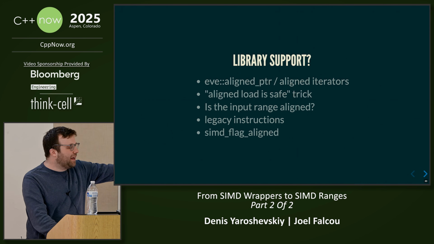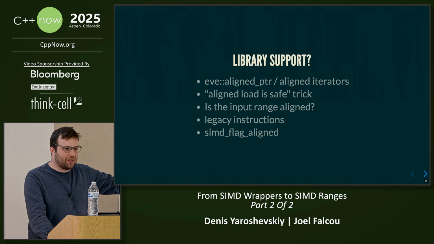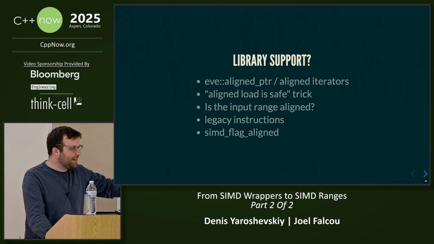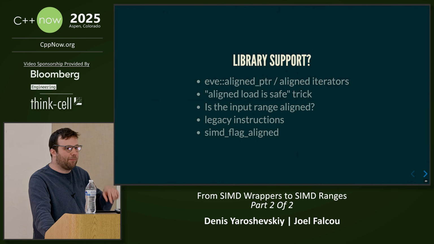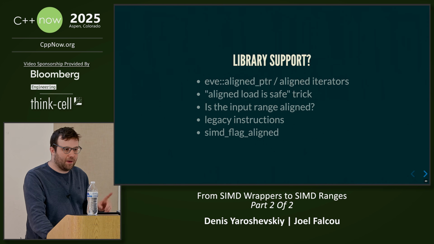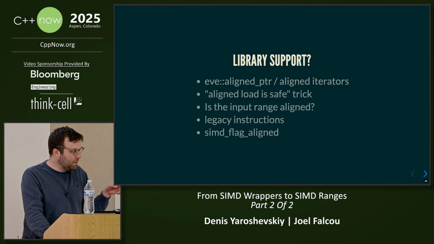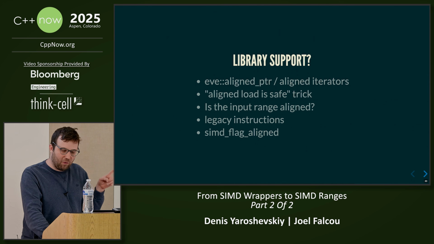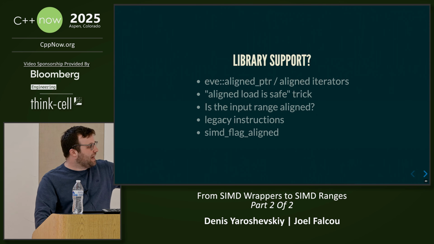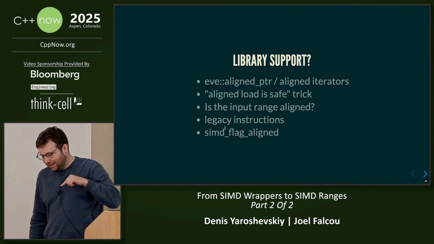I talked to some Intel people, and they say those legacy instructions no longer matter. In fact, I believe the Intel compiler will refuse to generate them. When I talked to Matthias Kretz, who's one of the std::simd people, he said he has a benchmark where legacy instructions still matter. In the standard, they have created the simd flag align.